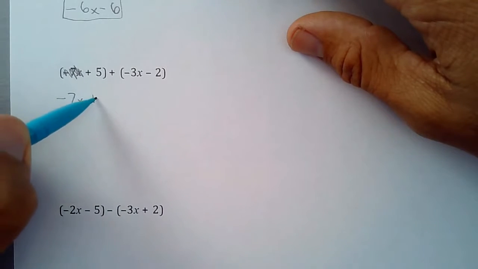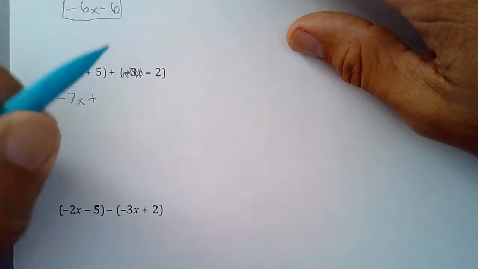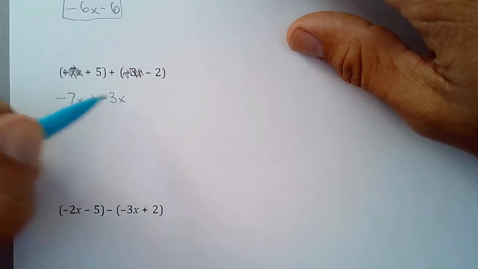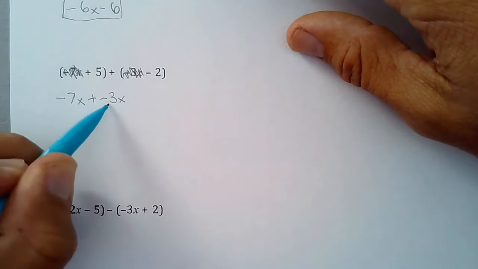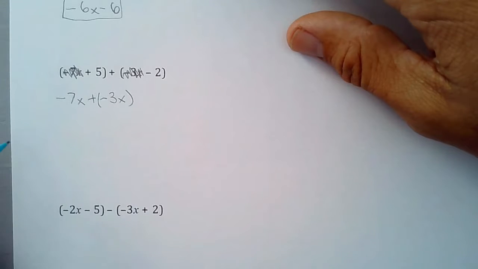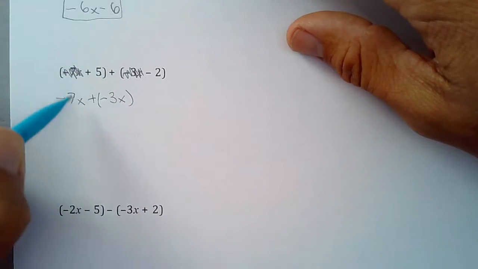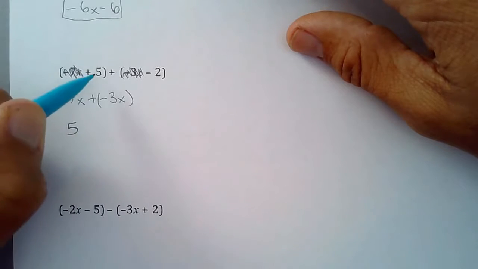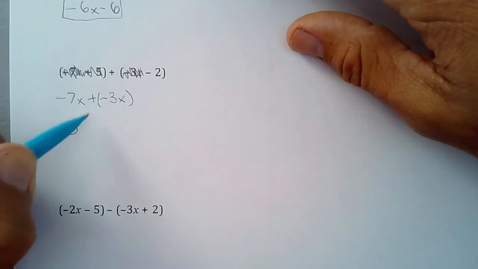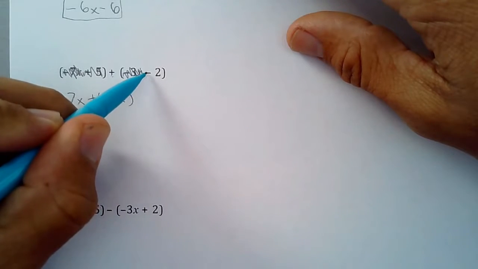Plus and negative 3x. Usually the operation and the sign are separated by parentheses, so I'm just going to put that in there. And then I have the positive 5, or I'll just write it as 5. So 5 plus that one right there is written here, and minus 2.